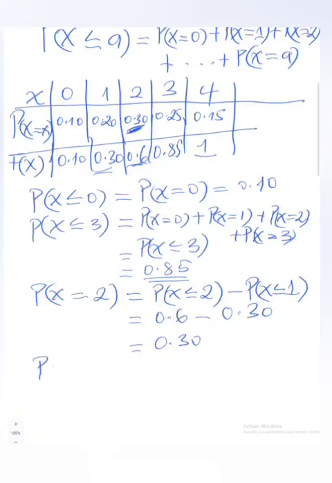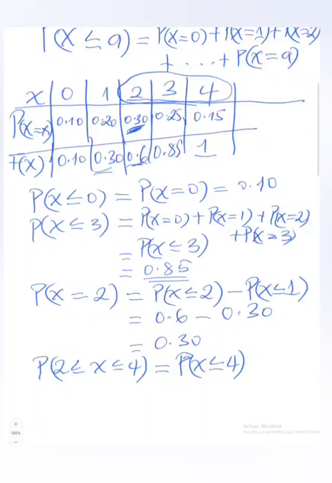In the case where I needed to calculate the probability that x lies between 2 and 4, it means I have to sum from 2 up to 4. To do that, what I would simply do is take the sum from 0 up to 4, minus the sum of the probabilities from 0 up to the next lower natural number that is not involved in that sum, and that is 1.